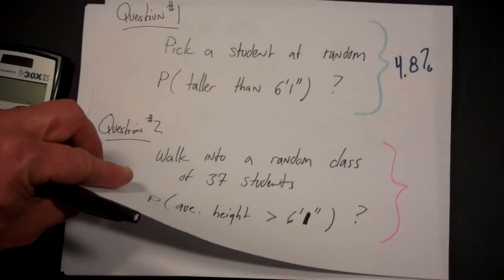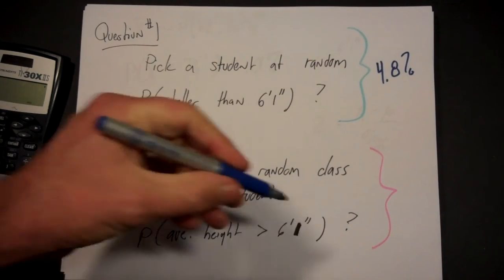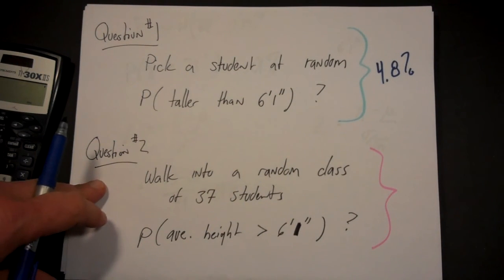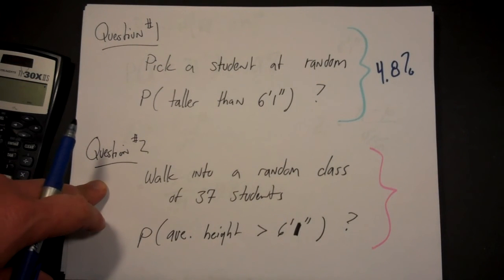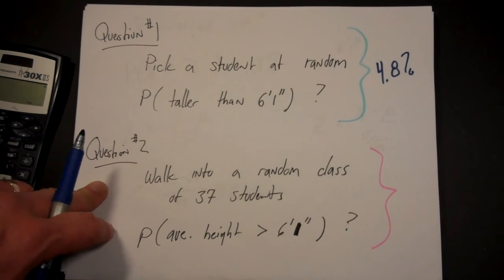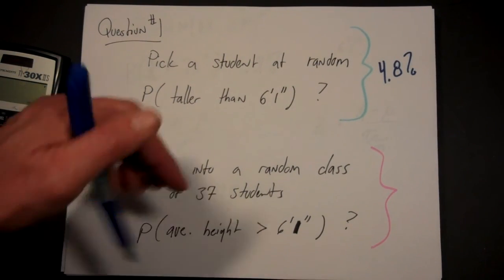So let's go back to our original problem. What we saw is that if you pick a student at random, the probability that they're taller than 6'1" is about 5%. But for question number 2, what's the probability that you walk into a class with 37 students and the average height of all 37 students is greater than 6'1"?